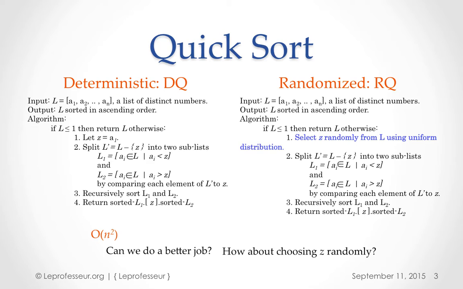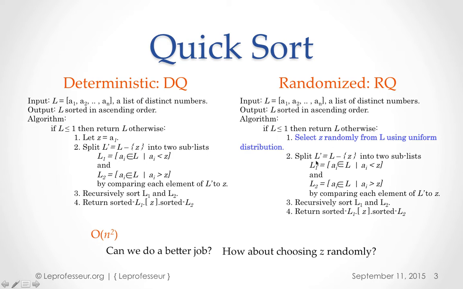In most cases, we use uniform distribution. But if you find that some other distribution may give you better results, you may choose that. But here, for simplicity, we're going to use uniform distribution.